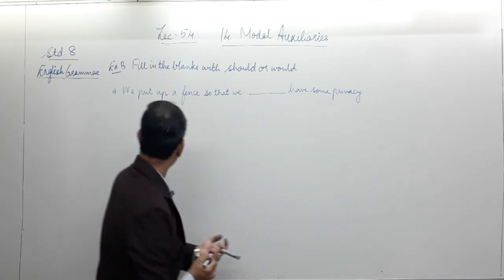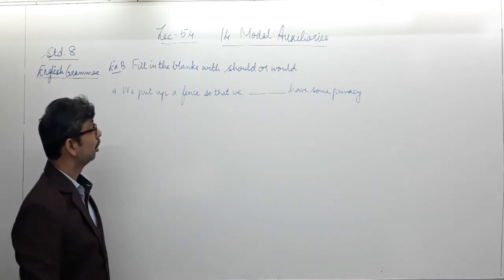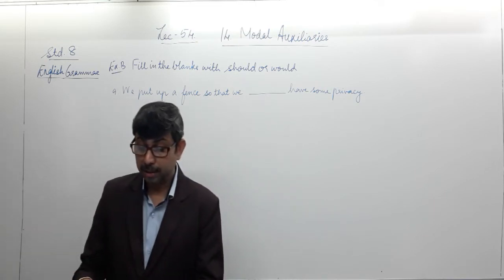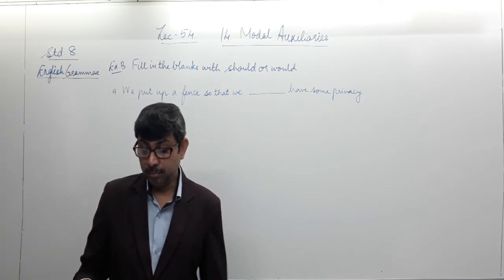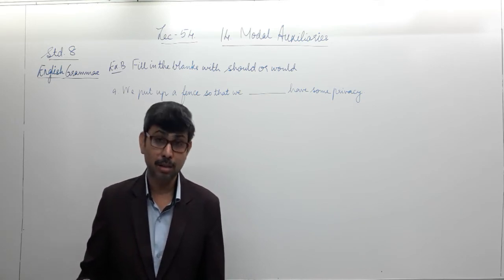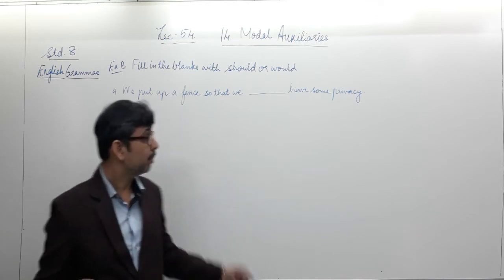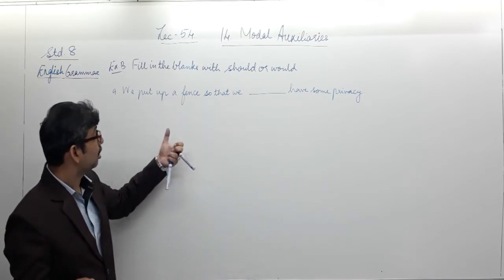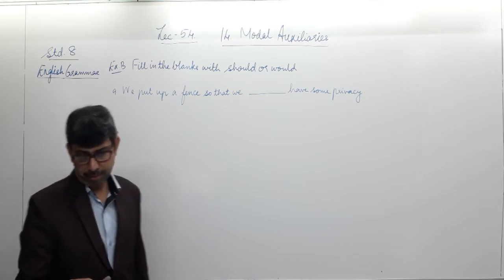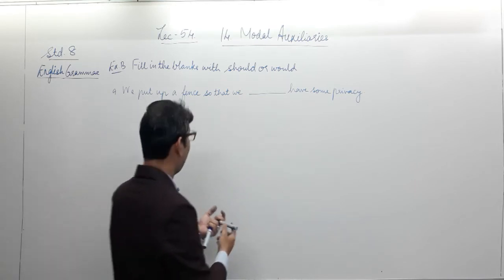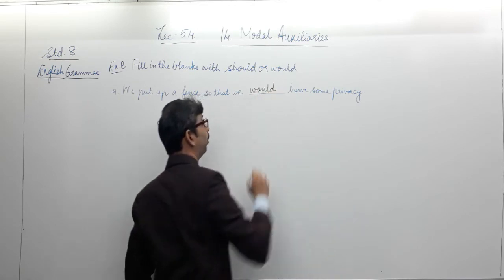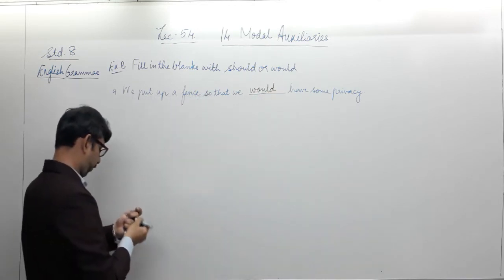The answer for this: again you see the words so that, which we came across in the very first sentence, I took an umbrella so that, as a purpose or as a result. Again we have a similar sentence over here: we put up a fence so that we would have some privacy. The answer is would and not should.